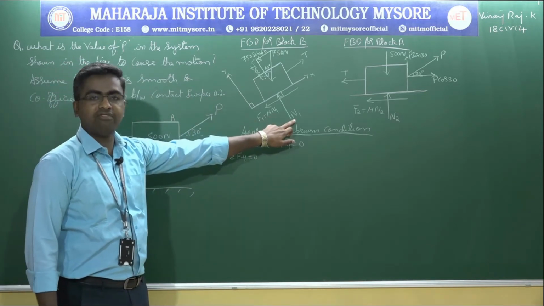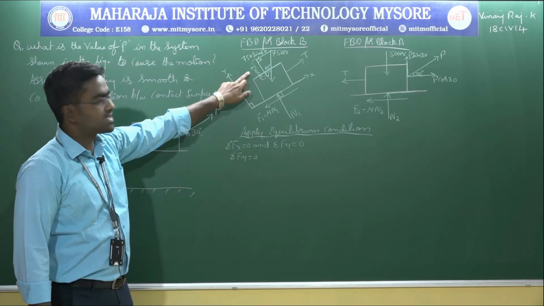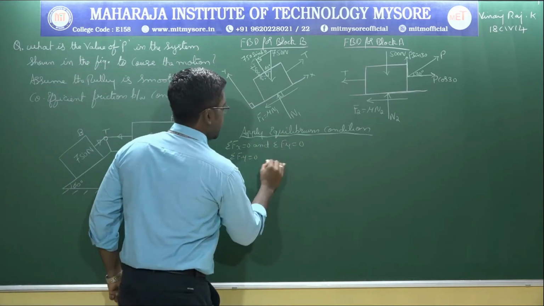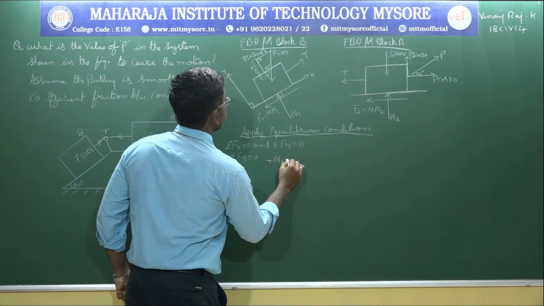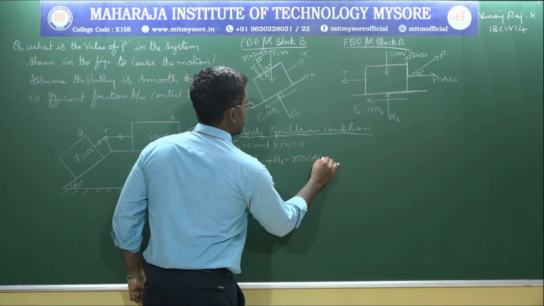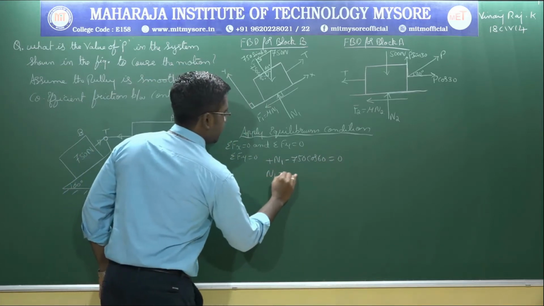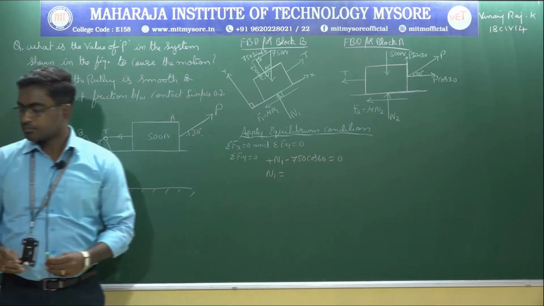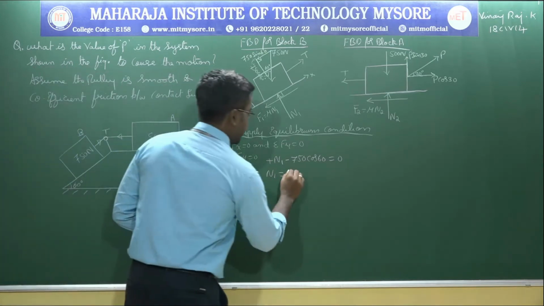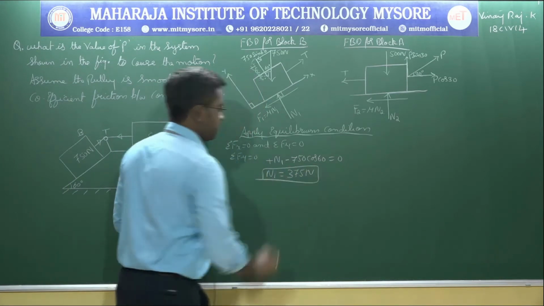One will be N1, which is positive, and another one will be 750 cos 60, which is negative. So that will be plus N1 minus 750 cos 60 is equal to 0. So the N1 value will be equal to 375 Newton. 375 Newton is the value of N1.